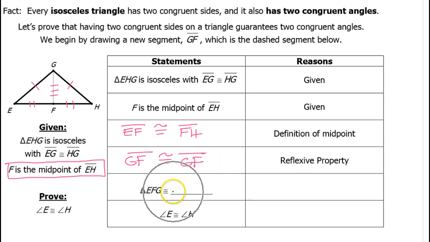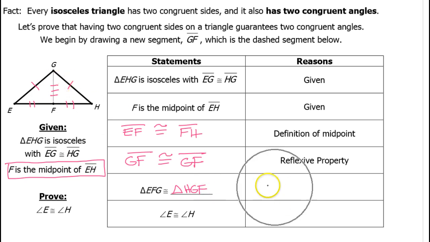Now the order matters when I say that the triangles are congruent. So EGF is congruent to HGF. Okay, and that's going to be by the side, side, side postulate, because you can see 3 congruent sides marked.